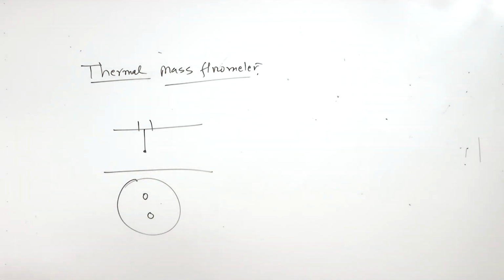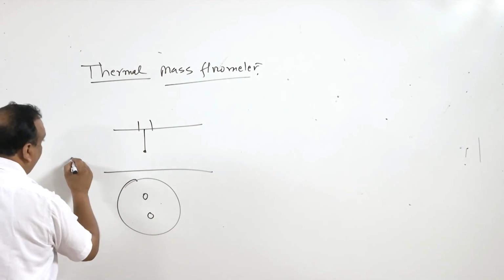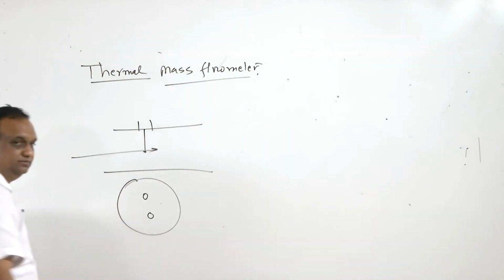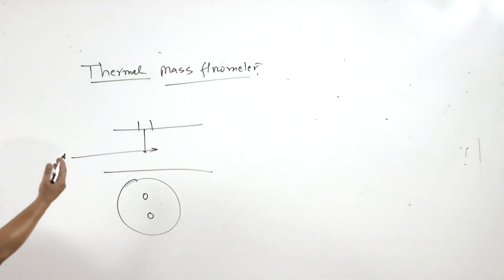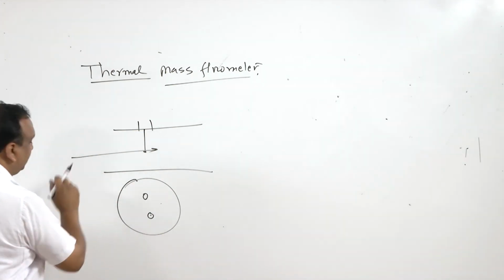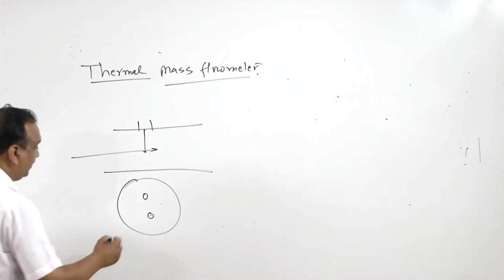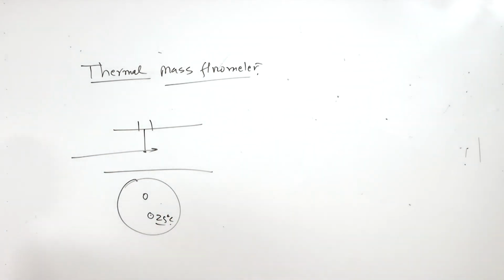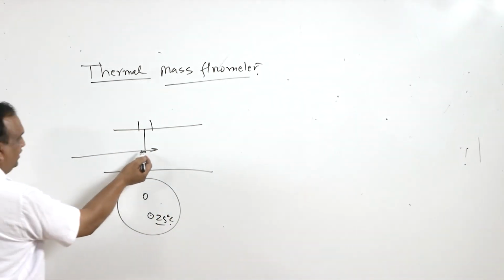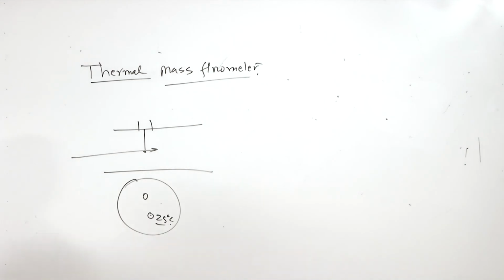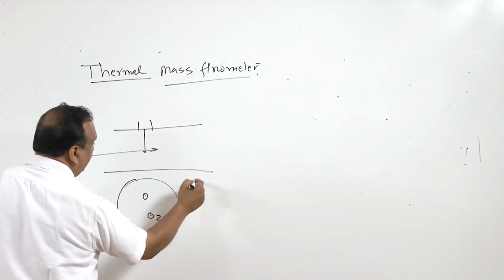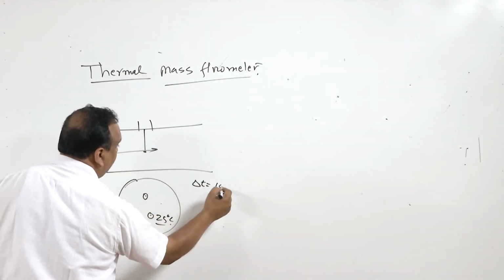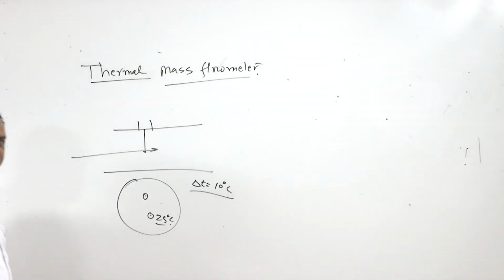Now, fluid flows over these electrodes. Let us say one electrode is at the temperature of the water, let us say 25 degrees centigrade. Whatever the temperature of water is, it will acquire the same temperature. And this other electrode is heated, electrical energy is given, and a temperature difference of 10 degrees centigrade is maintained.